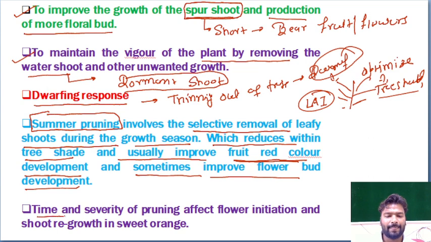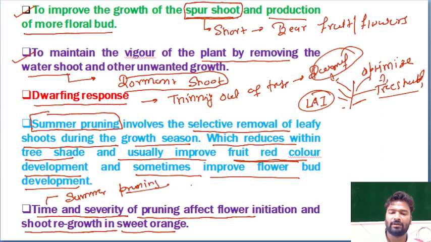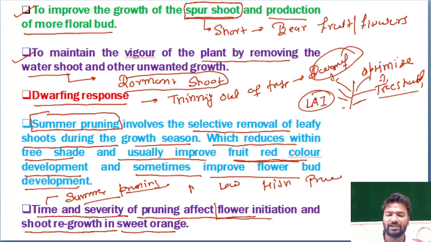Also, the time and severity of pruning affect flower initiation and rejuvenation shoot regrowth in sweet orange. So the time you are using, whether summer pruning or monsoon pruning or any pruning, and the severity, meaning light pruning or heavy pruning, affect flower initiation and rejuvenation in sweet orange.